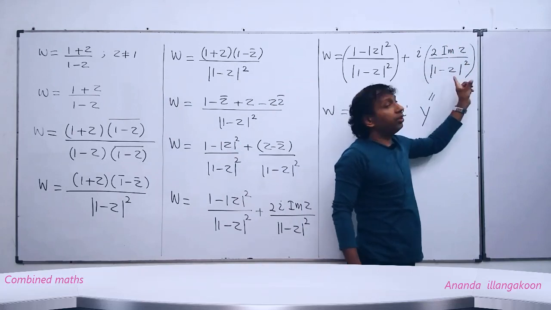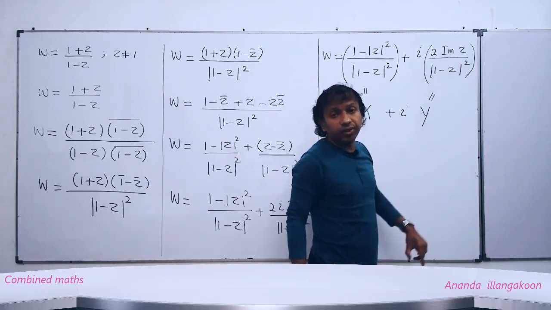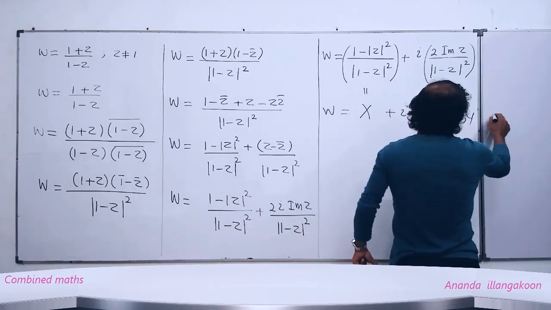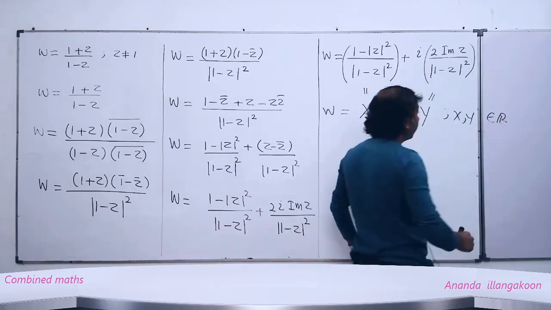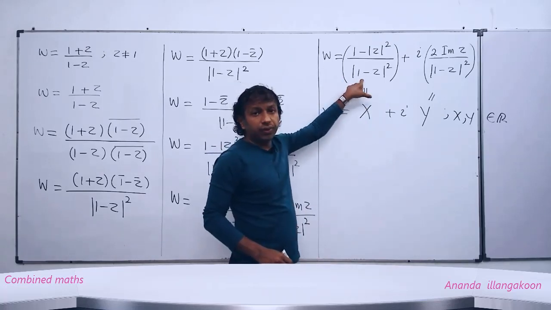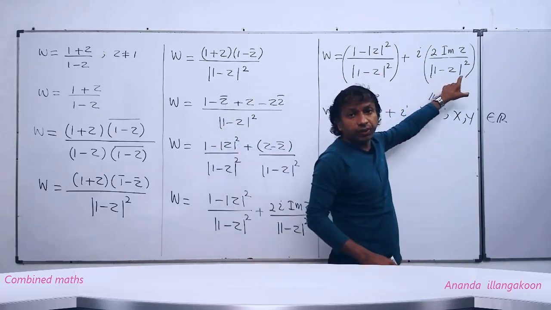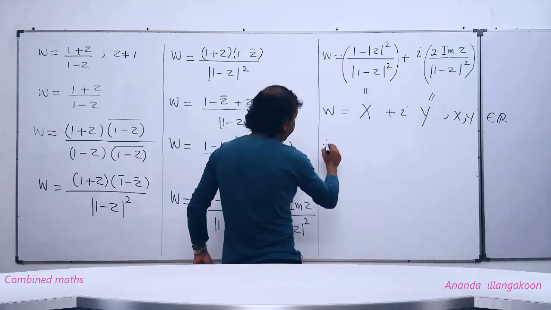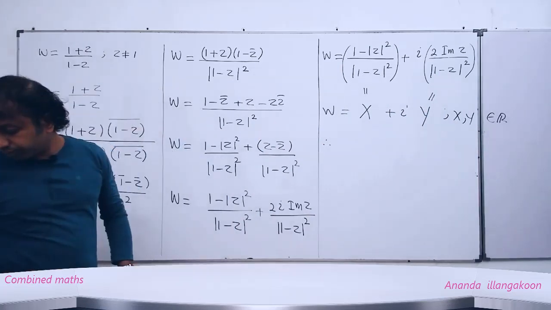This fraction is a real number. Then y is a real number. x, y both are real numbers. Then the real part of this W should be this, and the imaginary part of W should be this. Understand?